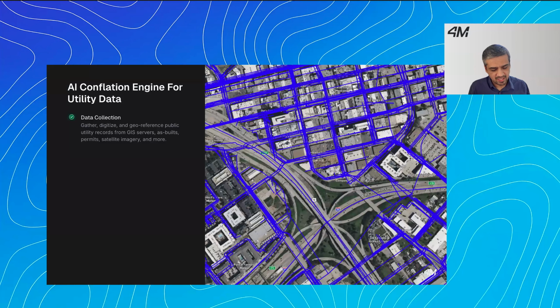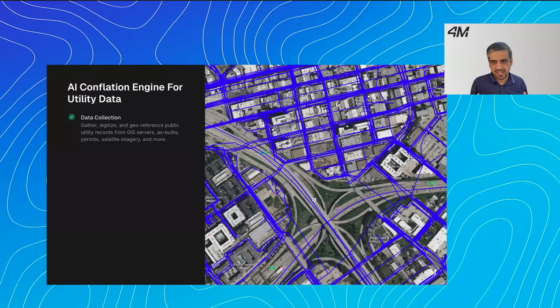So with that being said, what we, as a company, decided to do is launch a product that is AI-centric. We want to use AI to find information about utilities. How are we doing it? We built something called the AI conflation engine.